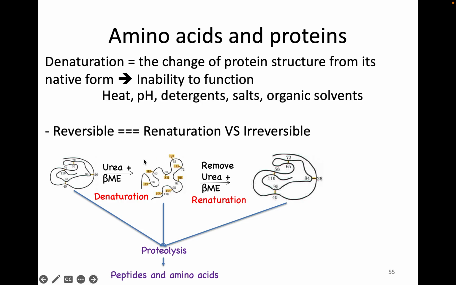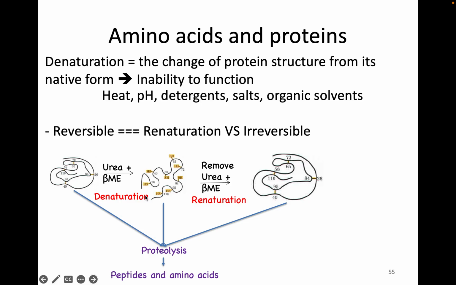Once the native structure is changed, it results in loss of activity and a reduction in solubility and degradation resistance. In the case of reversible denaturation, renaturation can occur when the denaturing agents are dissipated. So, the protein is back to fully functional again.